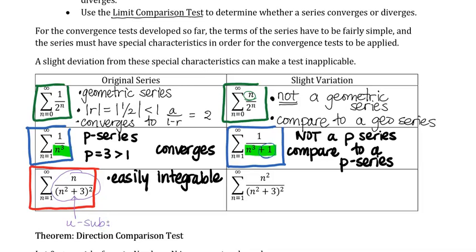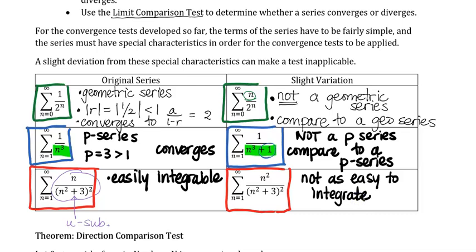Hopefully, we could also prove that that function was continuous, decreasing, and greater than 0, positive, so that we could use the integral test to determine convergence. However, the series on the right side is not as easy to integrate, but we could compare it to the series on the left side.